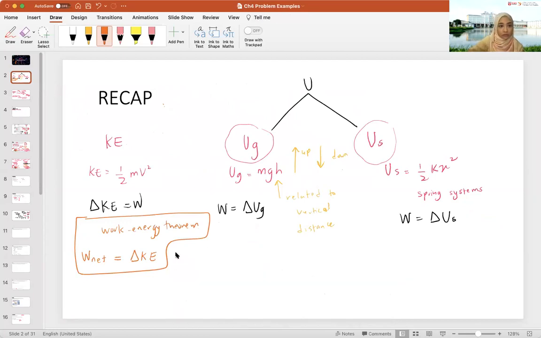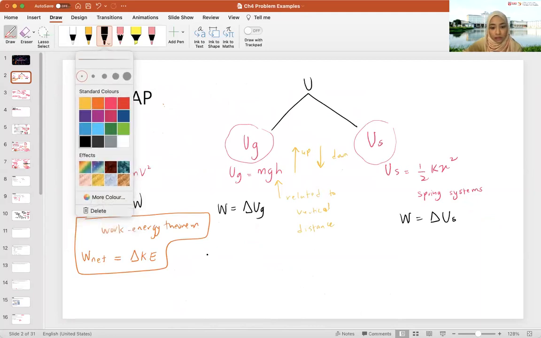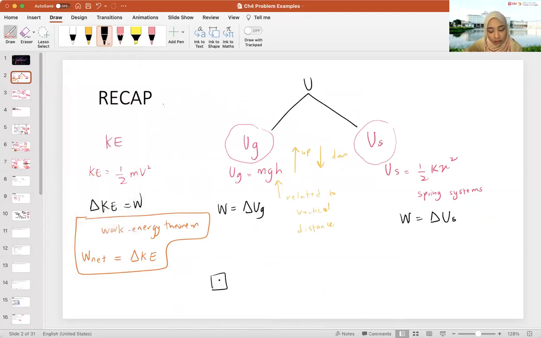Okay, so let's go for an example for the work energy theorem. I have a box and I'm pulling this box by a pulling force, and this box is traveling to the right by a displacement of 5 meters, let's say, and this force is 100 Newton. So this is the final displacement of this box.